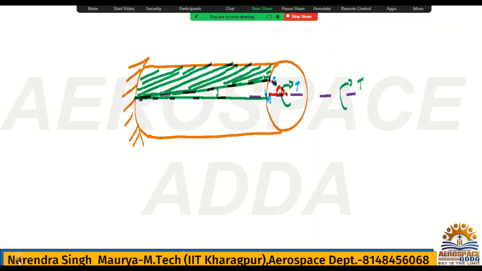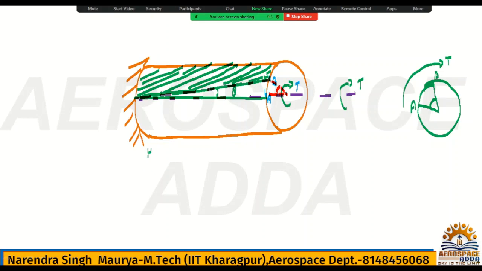Why are you getting this deformation from A to B? It is because of the torsion or twisting moment.